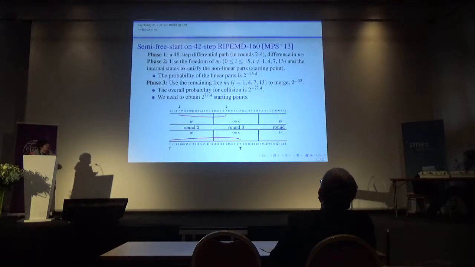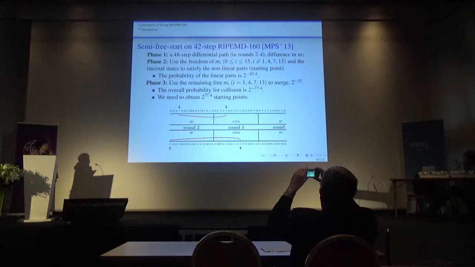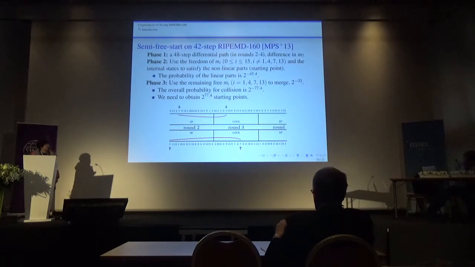Using this new strategy, a semi-free start attack on 24-step RIPEMD-160 was given. The phase 1 is to get 48-step differential paths in this. And this part is the non-linear part of the left branch, and this part is the non-linear part of the right branch.